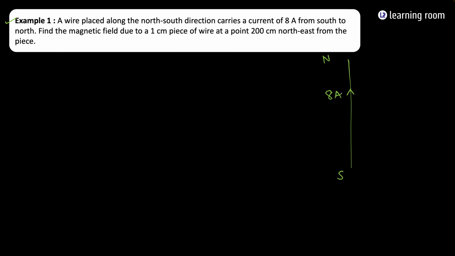Find the magnetic field due to a 1 centimeter piece of wire. So on this conductor, there is a 1 centimeter piece of wire due to which we need to calculate the field at a point 200 centimeter northeast from the piece.